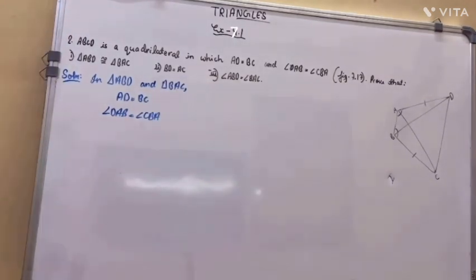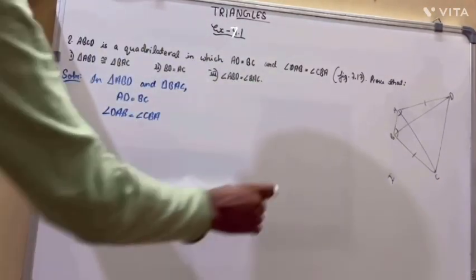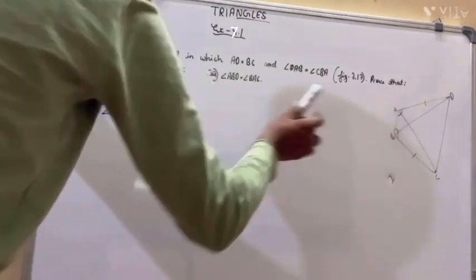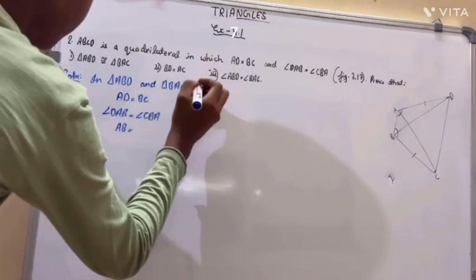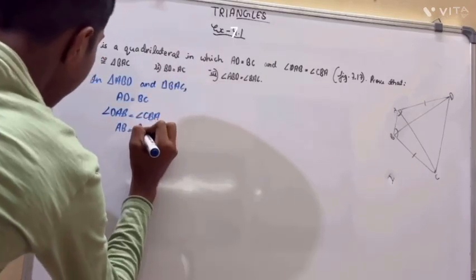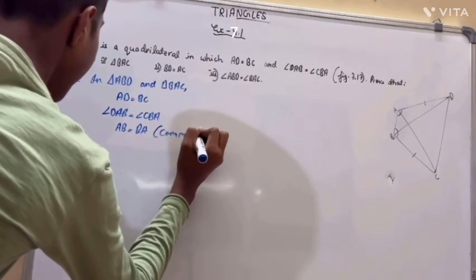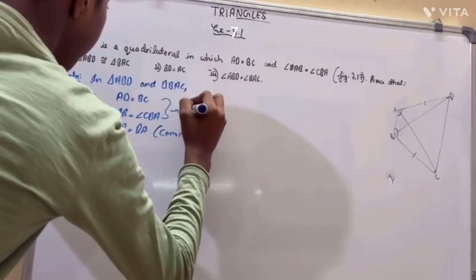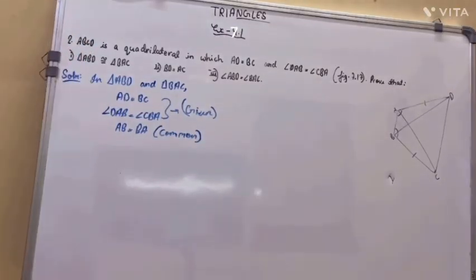You can see that AB is common in both triangles. In this triangle also AB is there, and in this triangle also AB is there. So we can say AB, here it is BA, AB or BA, both are common. And these two are given.